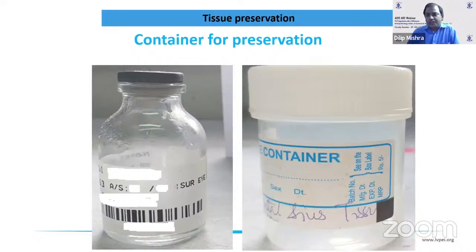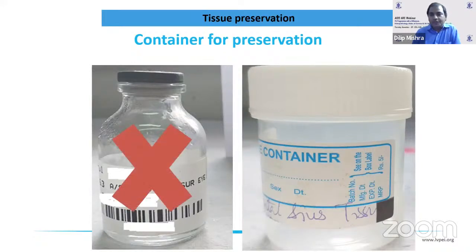The common question is how you have to preserve and transport the tissue after biopsy. Most of the people tell it is normal saline. I got phone calls from other states: Sir, I want to send some samples for the analysis, so in which medium do I have to transport? The answer is you have to transport not in a glass bottle.